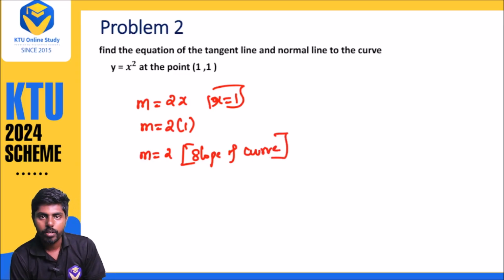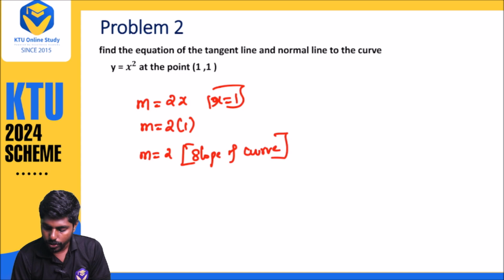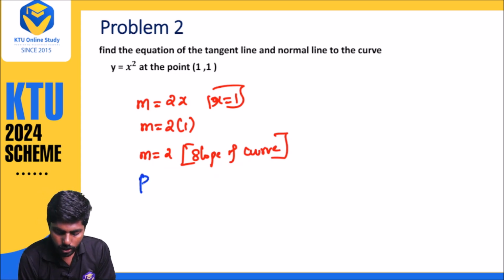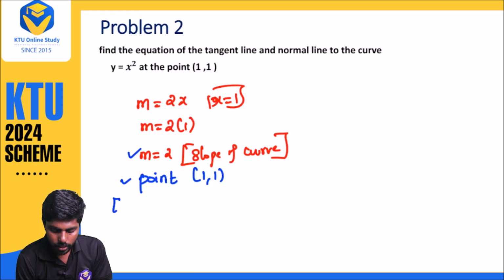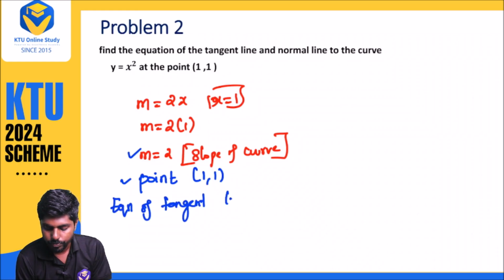So we have identified the value of m, and we know the point, 1 comma 1. So just substitute in the equation of the tangent line. The tangent line is y minus y naught is equal to m into x minus x naught.